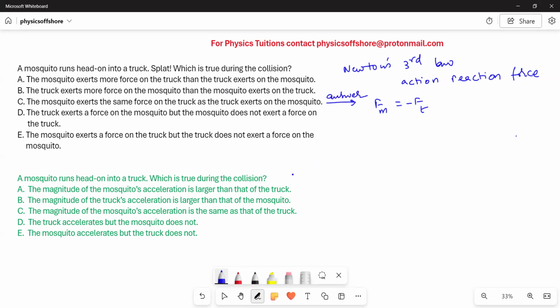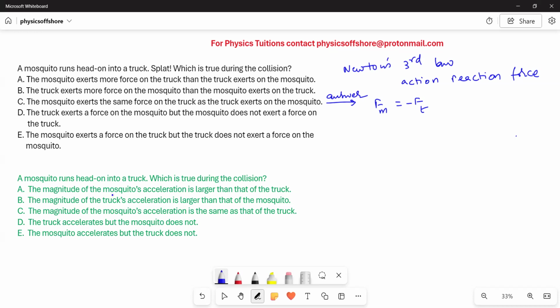Now, for the following question, based on this same scenario, we have to find the acceleration. A mosquito runs head-on into a truck. Which is true during the collision? This is also a multiple choice question, single select.